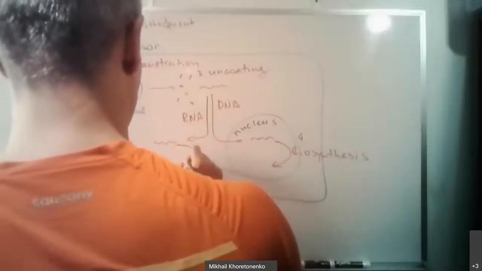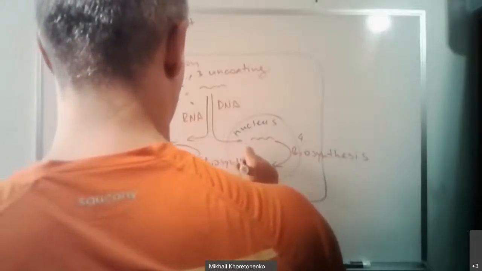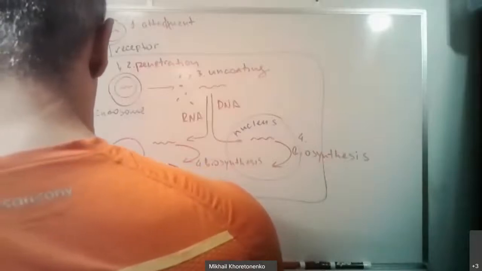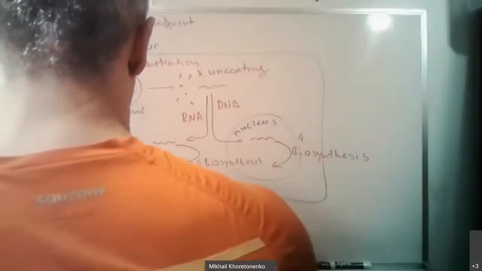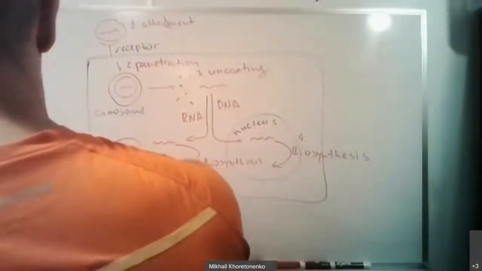So biosynthesis results in the accumulation of individual nucleic acids and proteins, which then assemble into a mature virus. So that's number 5. And after assembly, the virus is released from the cell.